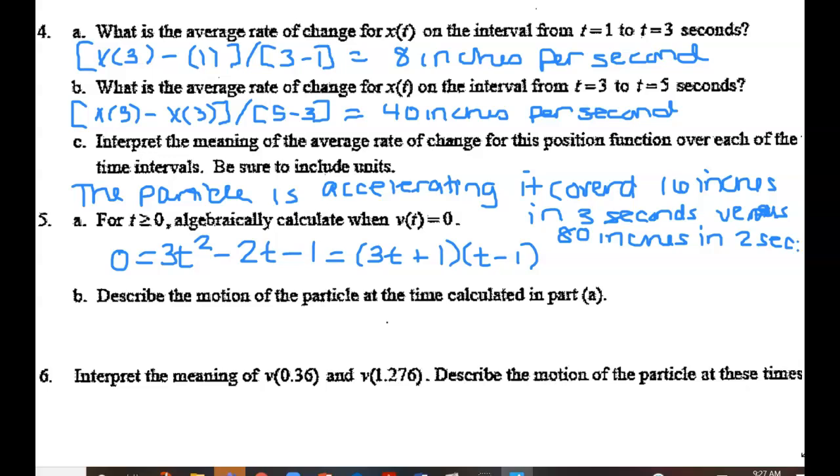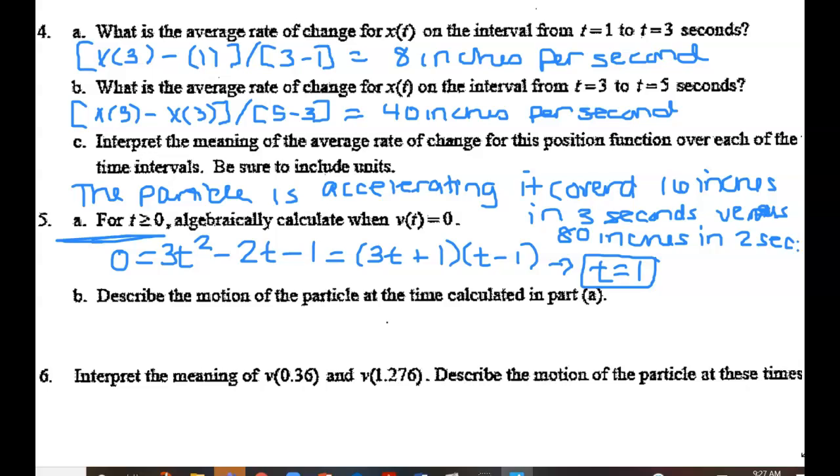So it factors as 3t plus 1 times t minus 1. So that means you're going to get a negative time and a positive time. Well, time can only be positive. So that means that the velocity is equal to 0 at t equals 1.